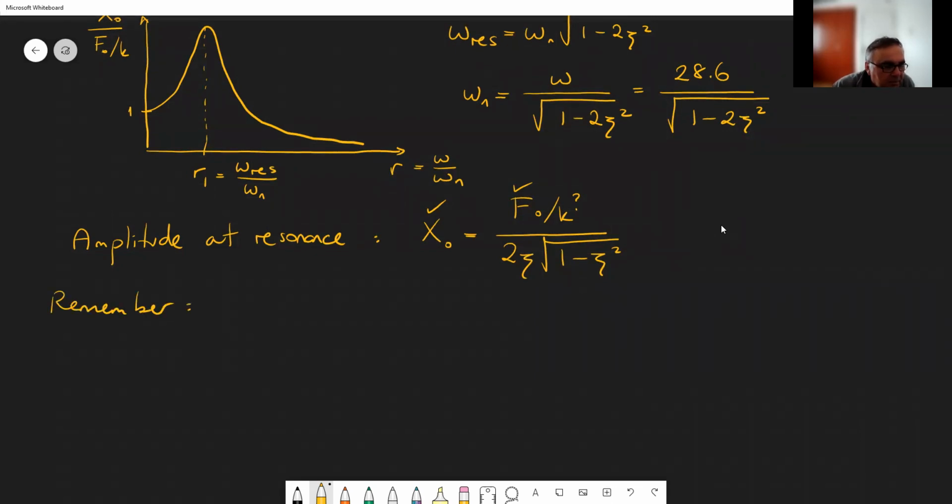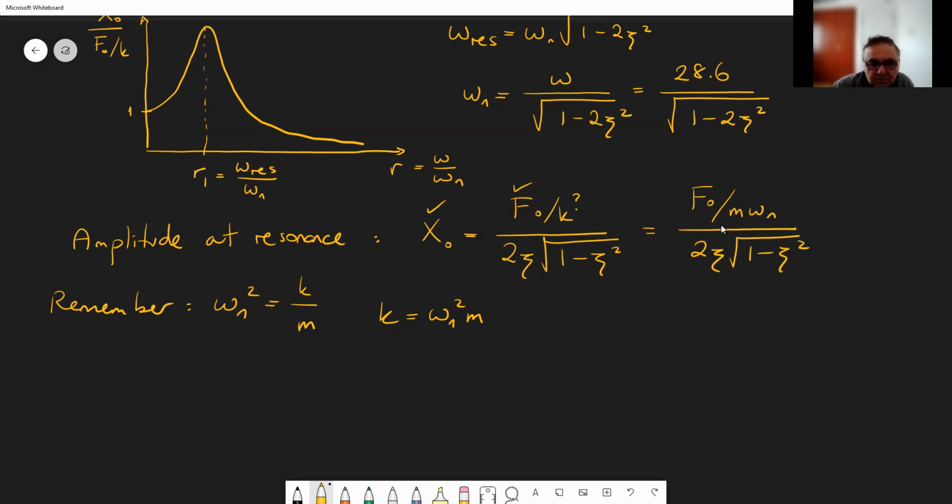Remember that we had omega n squared was k over m, so that k is equal to omega n squared m. So instead of k, we can substitute here f0 over m omega n squared.